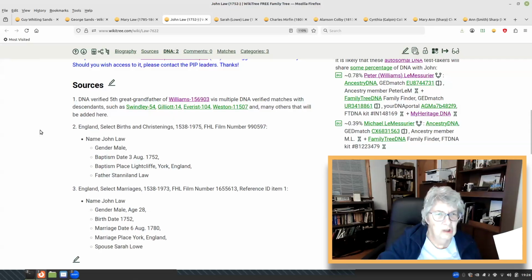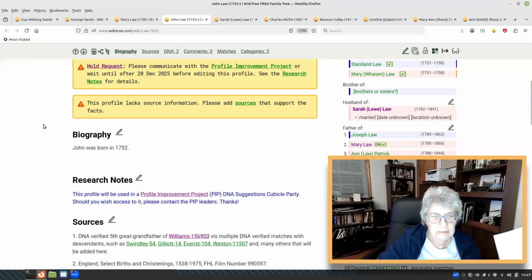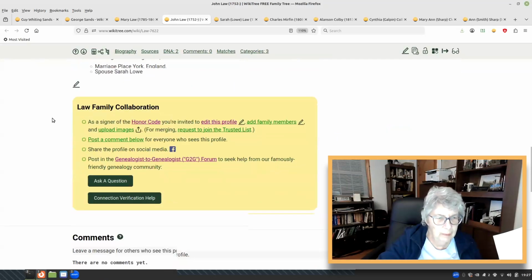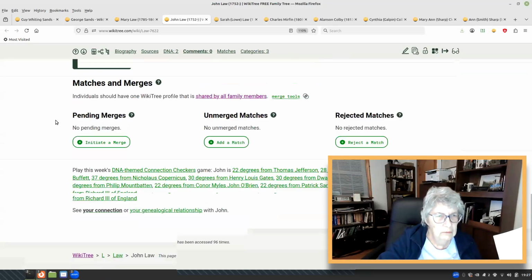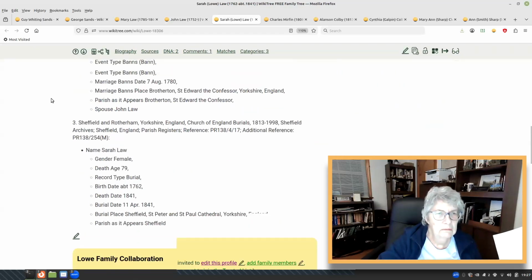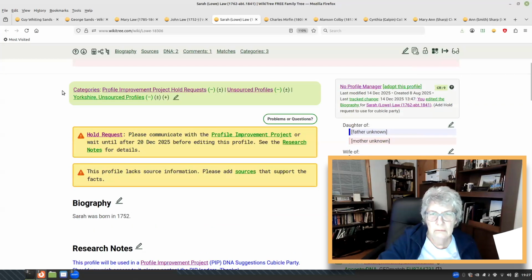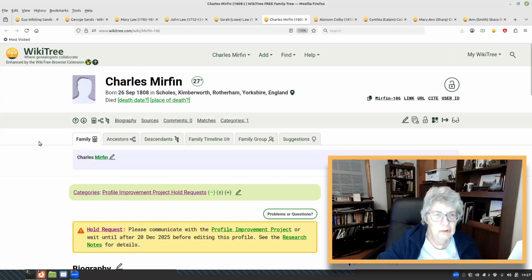It looks like John doesn't have any more DNA stuff, but probably has some kind of a suggestion about this DNA source. And Sarah is okay as is.